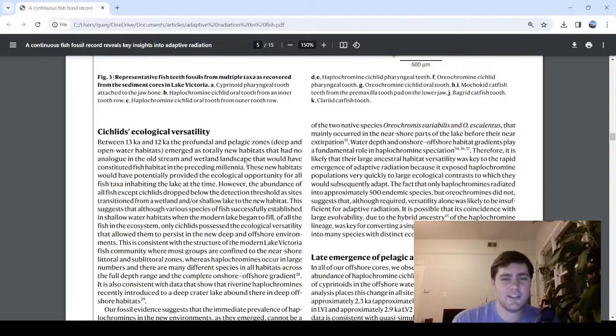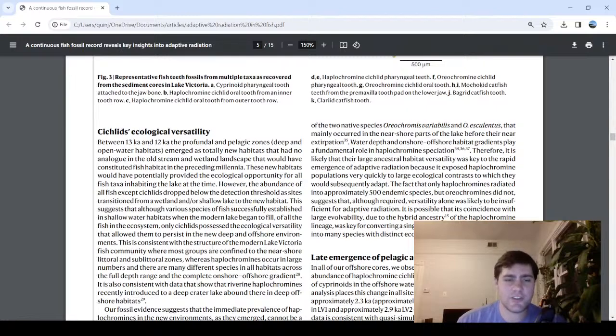So why did the cichlids succeed and the other fish fail? This suggests that although various species of fish successfully established in shallow water habitats when the modern lake began to fill, of all the fish in the ecosystem, only cichlids possessed the ecological versatility that allowed them to persist in the new deep and offshore environments.